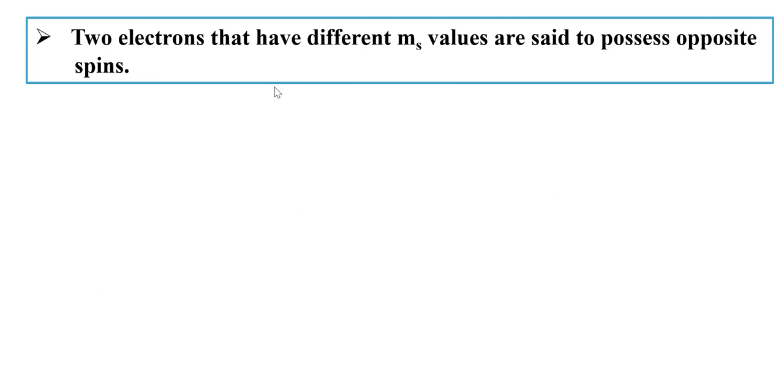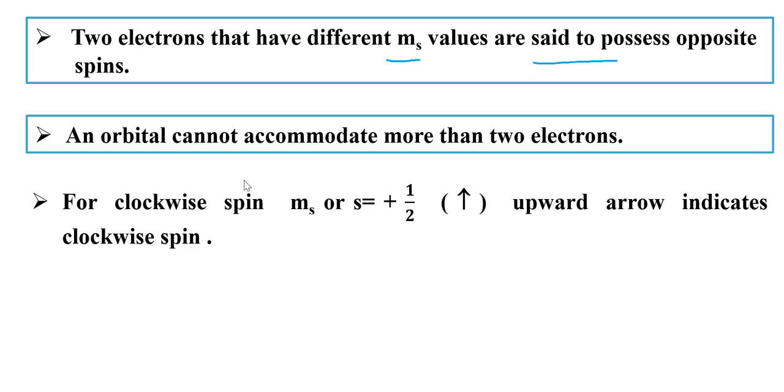Two electrons that have different ms values are said to possess opposite spins. An orbital cannot accommodate more than 2 electrons. Orbital means this smaller box. Yes, maximum 2 electrons. For clockwise spin, ms equal plus half, that is an upward arrow.